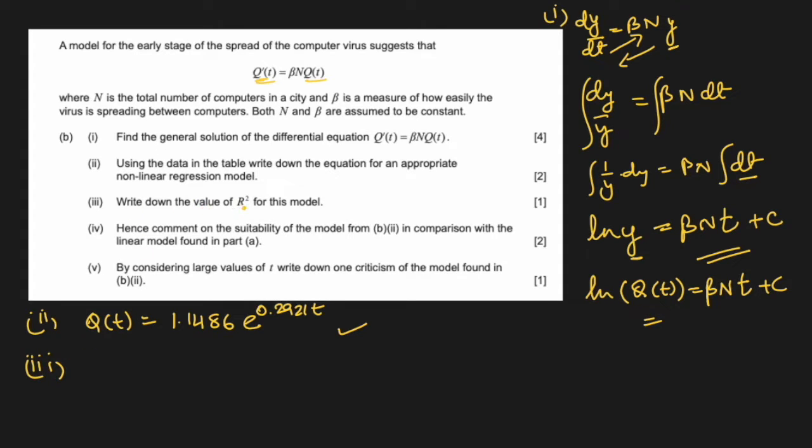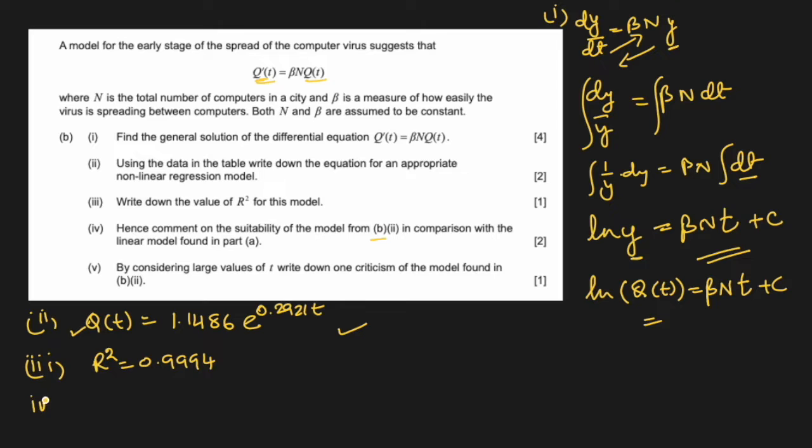Write down the values of r square. We got it. R square was 0.9994. Hence, comment on the suitability of model from B2, in comparison with the linear found in part 1.